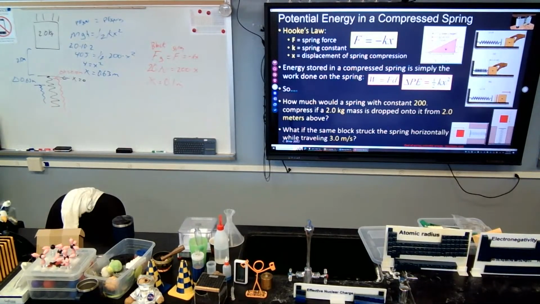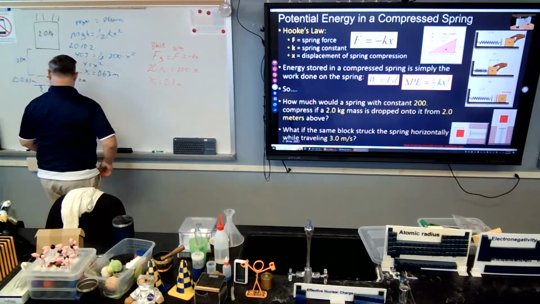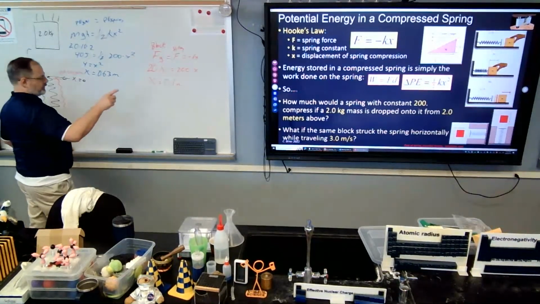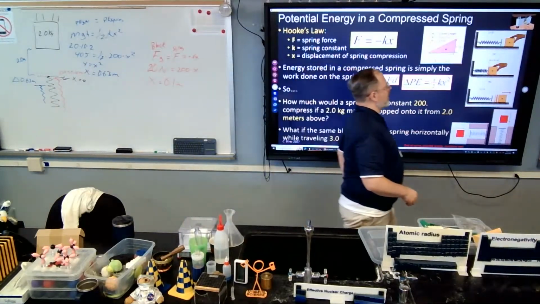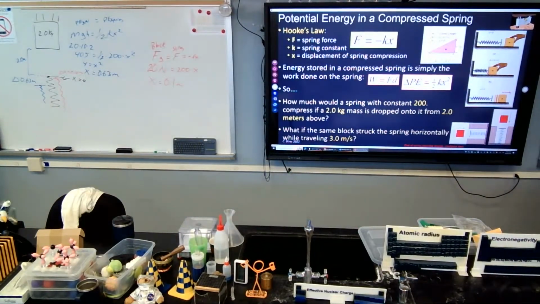All right. So what do we do with a speed? If we have a speed, then we have a kinetic energy. In this case, the kinetic energy of the block rams into the spring.